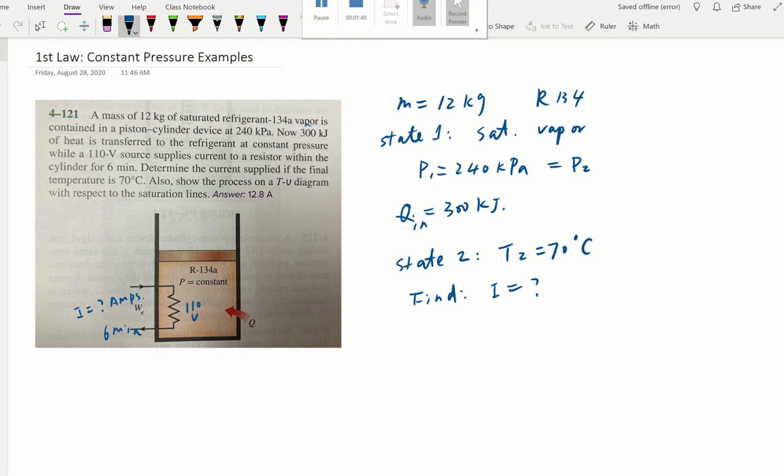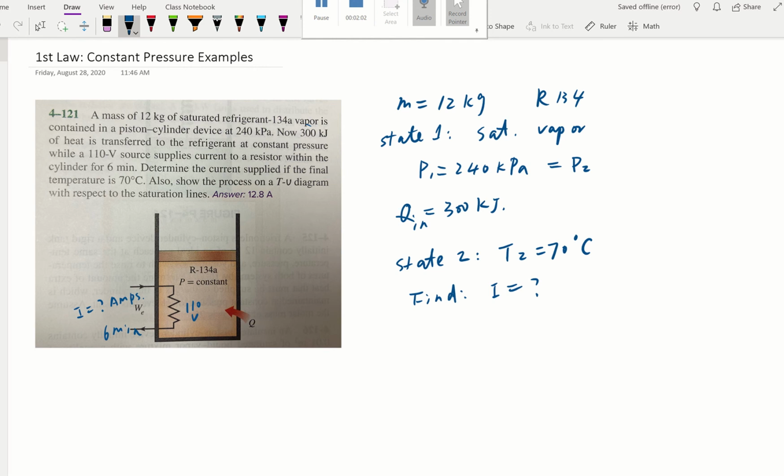First of all, if you have a problem like this, here is how the logic goes. Is this a closed system? Yes, because there's no mass coming through, and it's a piston cylinder with a constant pressure process. When you have electrical work and also heat exchange, we're going to use the first law.